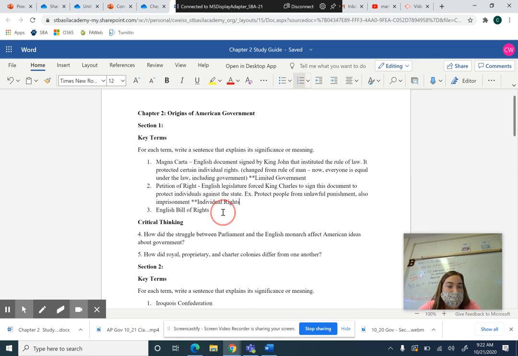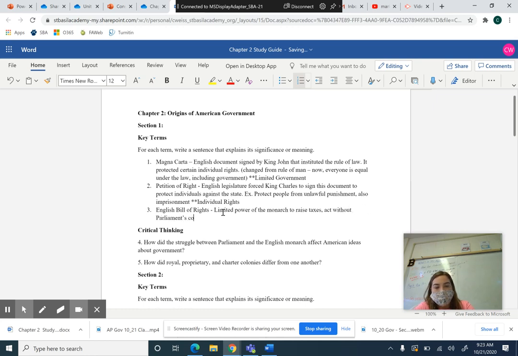We're following along? Awesome. And then we have the English Bill of Rights. Somebody tell me about the English Bill of Rights. Go ahead, Morgan. It limited the monarch's power to raise taxes and enforce laws without parliament's consent. And the parliament had the privilege of free speech and people had protection.